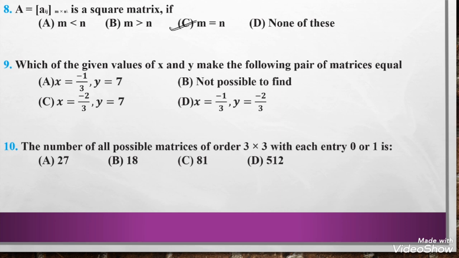So while taking the options, just guess the answer. The number of all possible matrices of order 3 cross 3 with each entry being 0 or 1. Okay. These two questions are homework.